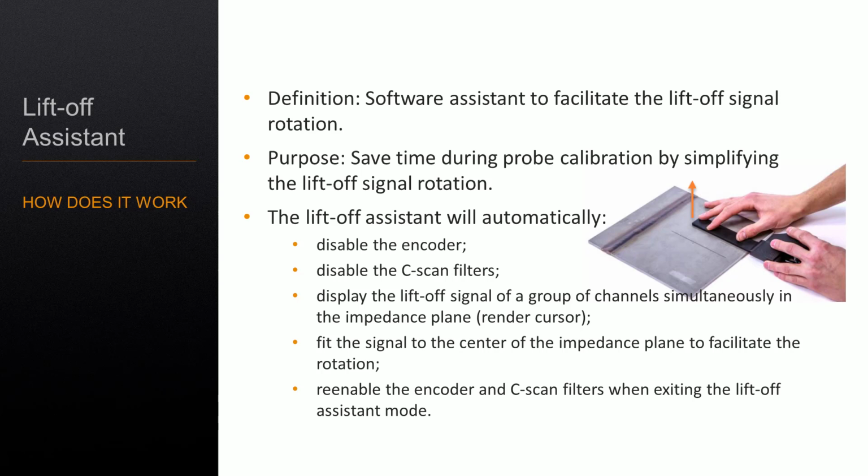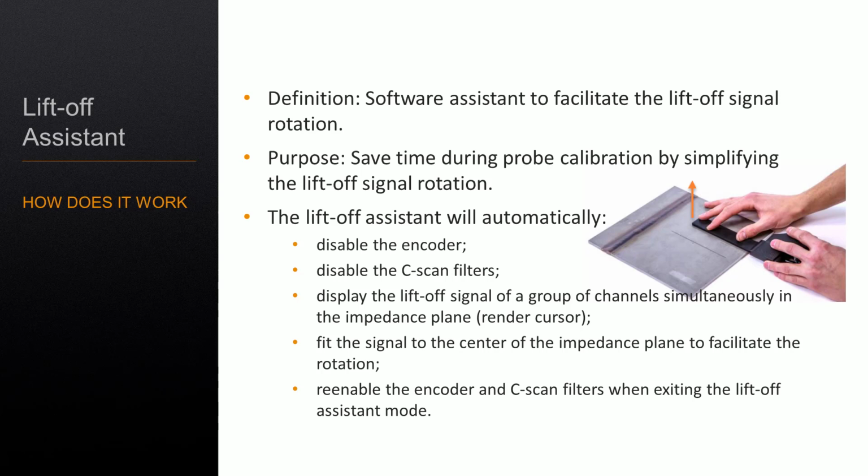When you're entering the mode, the software will automatically disable all encoders and all C-scan filters. The liftoff signal, or the signal displayed in the impedance plane, will show a group of channels simultaneously using the render cursor display that I'll show in a couple of minutes.